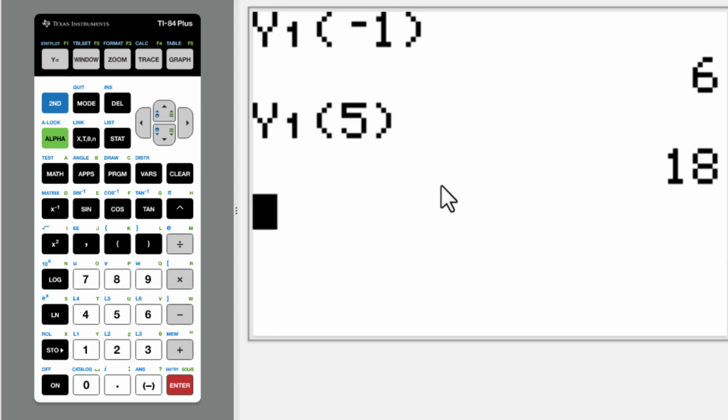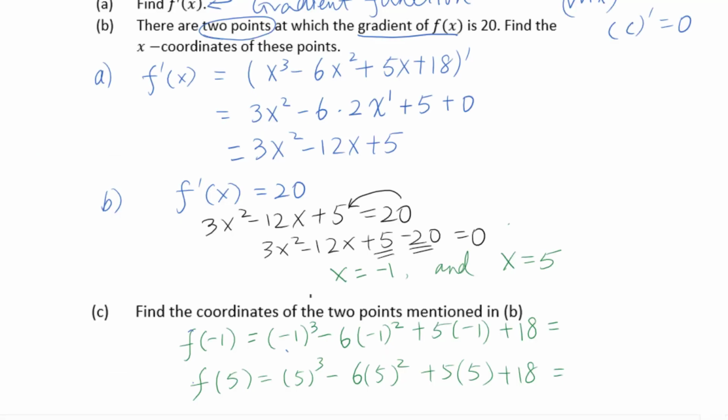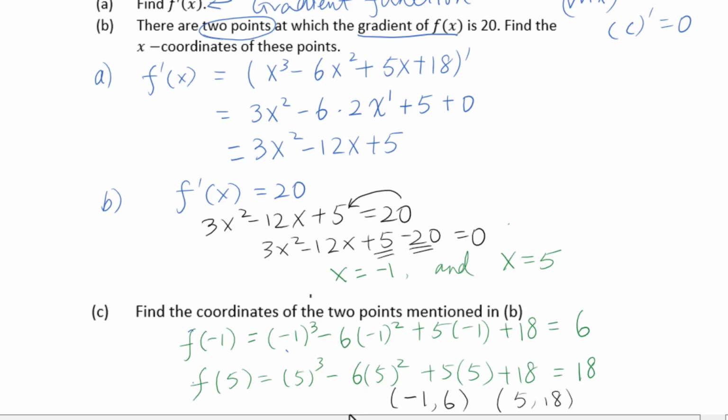So coordinates will be -1, 6 and 5, 18. So f of -1 equals 6, f of 5 equals 18. The coordinates of these 2 points are -1, 6 and 5, 18.